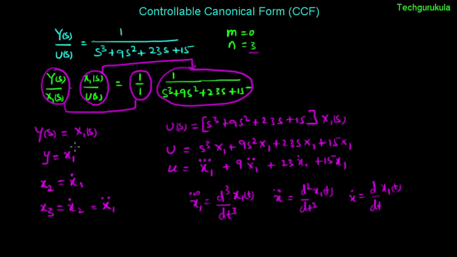That's why we defined x1, x2 and x3. Based on these definitions, let me rewrite this expression, where u is equal to x3 dot plus 9 times x3 plus 23 times x2 plus 15 times x1.